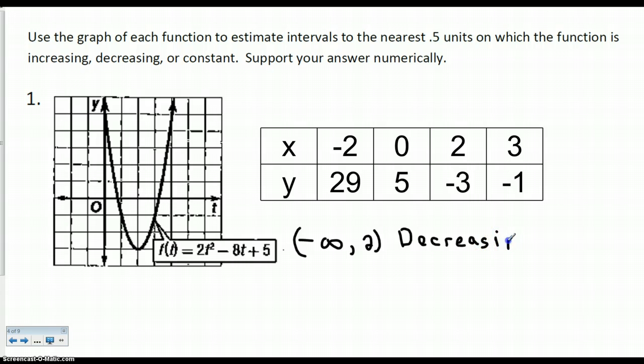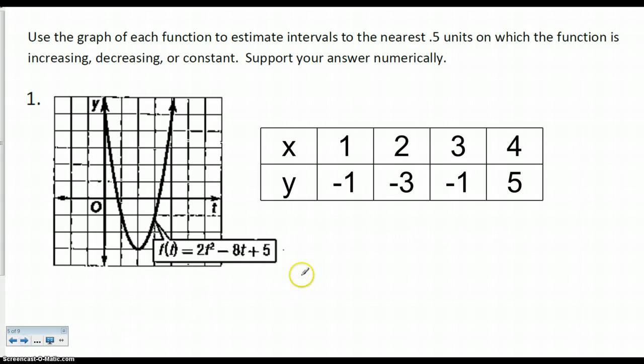So what I want to do next is look at this last part, from positive 2 on. What is my graph doing? I plugged in values, one before that, which was 1, and then I plugged in 2, 3, and 4. When I went from 1, I got negative 1, and when I plugged 2 in, I got negative 3. So it looks like it's decreasing between those values, but then when I go to positive 3, the next integer after 2, it's increasing.